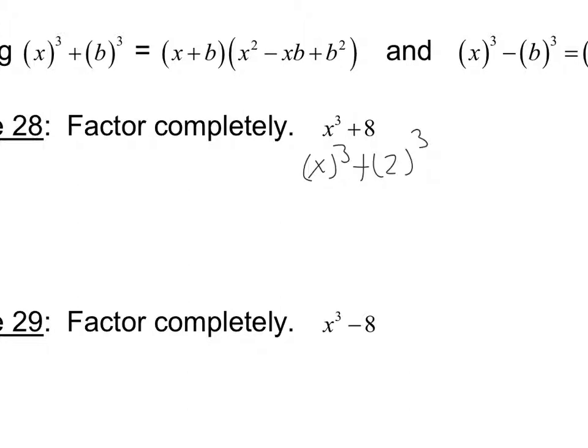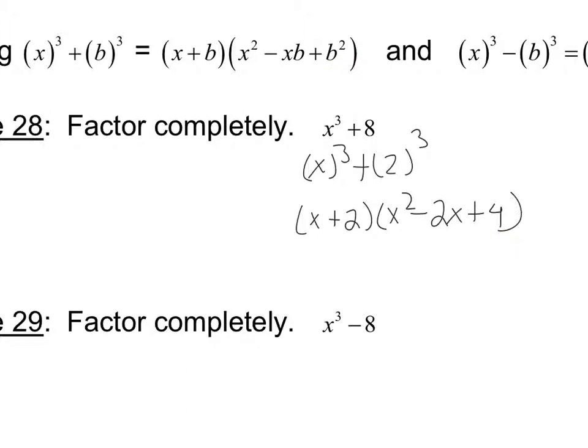So now I am using this rule. Okay? So you have x plus 2, x squared minus 2x plus 4. Because look, a is the x, b is the 2. So x squared minus 2 times x plus 2 squared, which is 4.